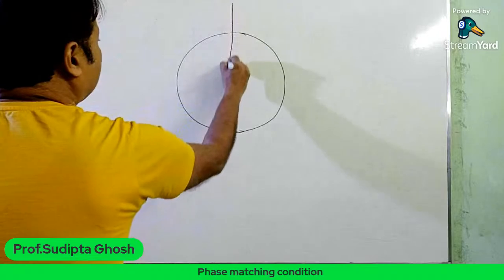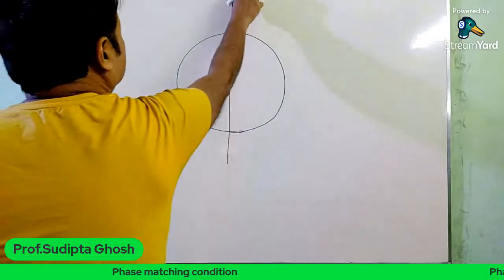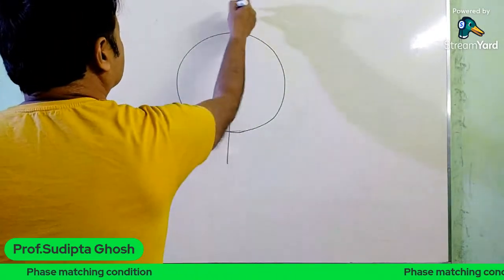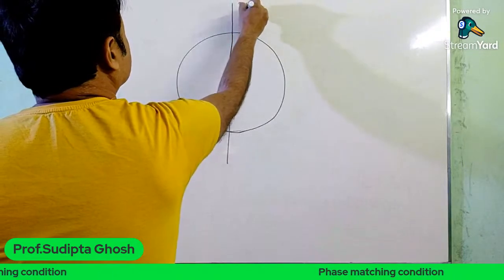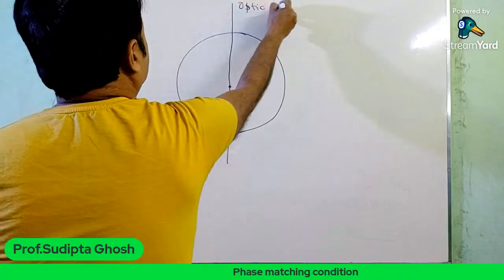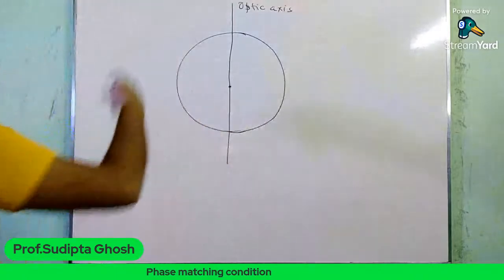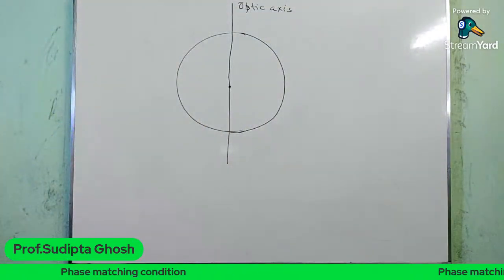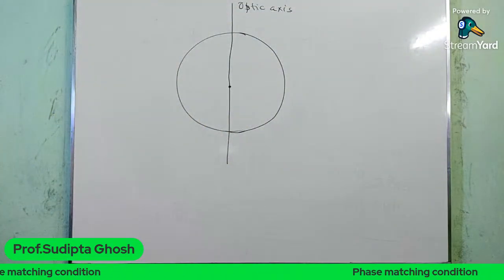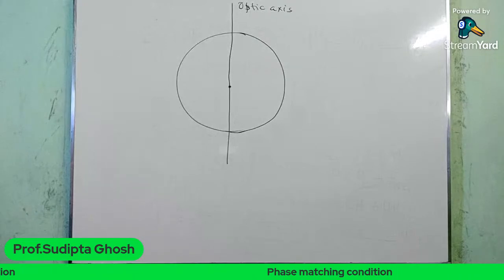Let this be the optical crystal. Okay, so this is the optic axis, and this one is a sphere, which shows the refractive index variation of the ordinary wave.